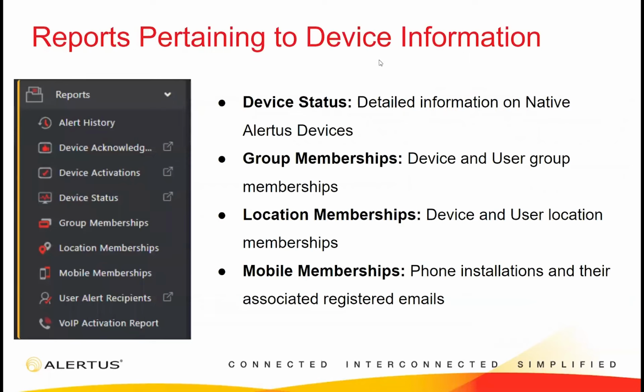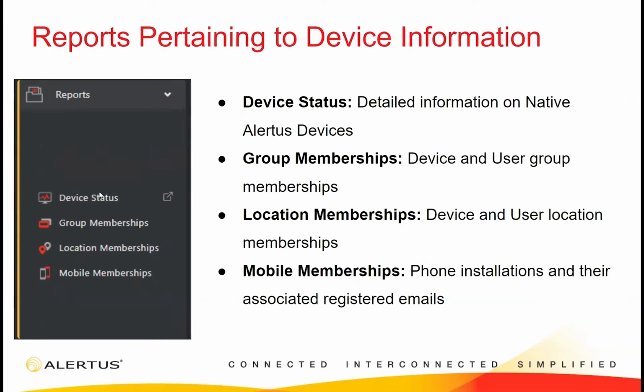Now then, let's look at the other type of alert reports, the ones pertaining to device information. So let's just clean this up real fast. These are the ones that we're going to be looking at right now. Device status is super detailed information on all of the devices with a heartbeat check coming into the server. Group membership and location membership are about exactly what it says on the tin.